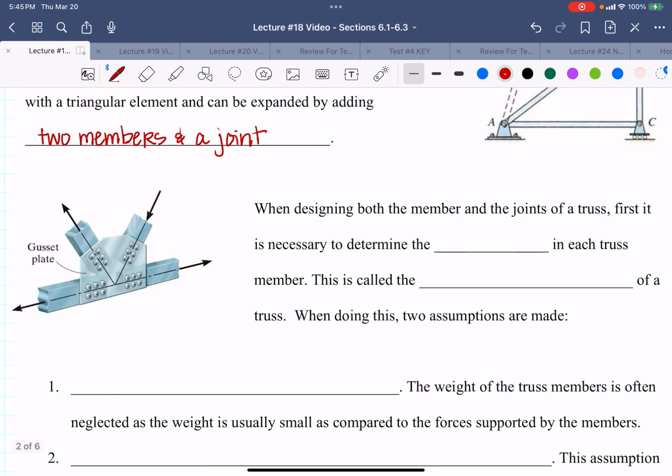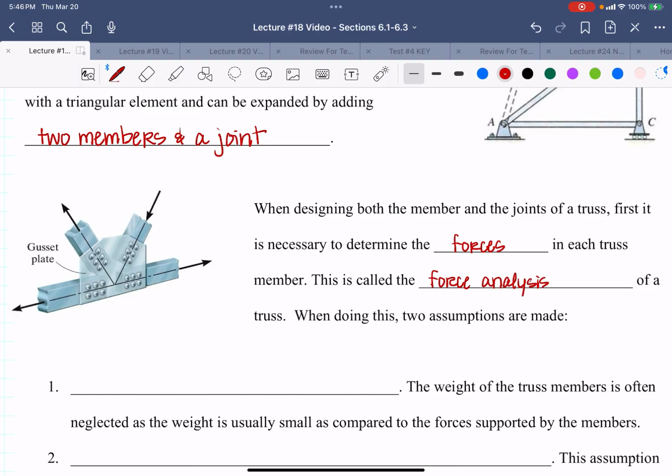So when we're thinking about our trusses, when designing both the members and the joints of a truss, we have to first determine the forces in each truss member. This is called the force analysis of a truss.